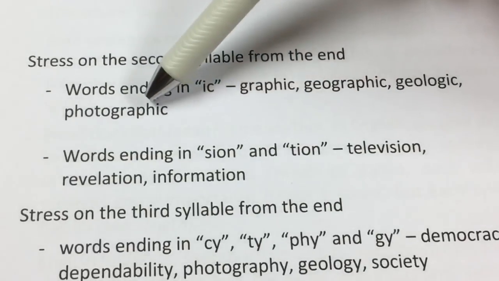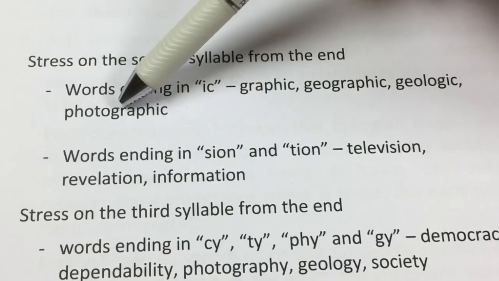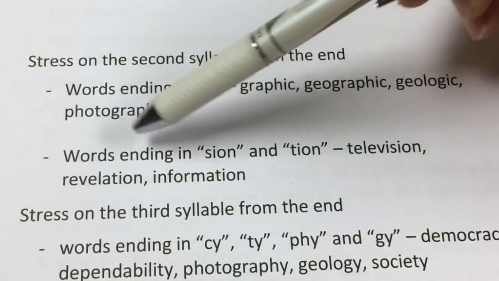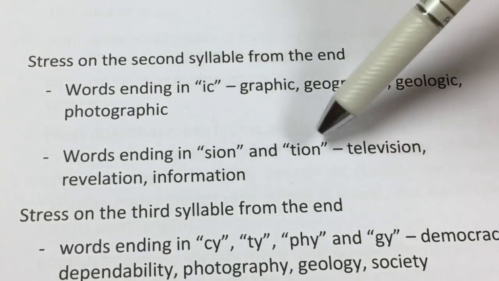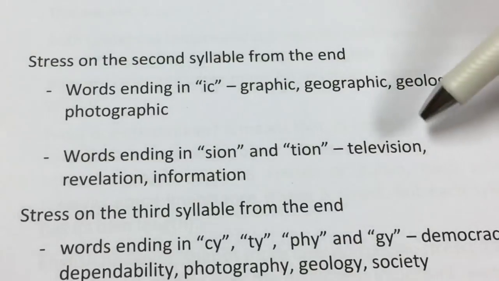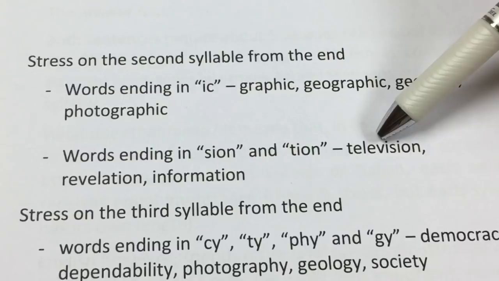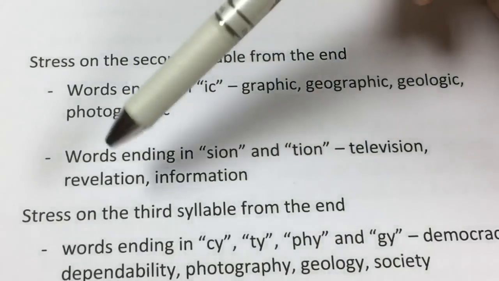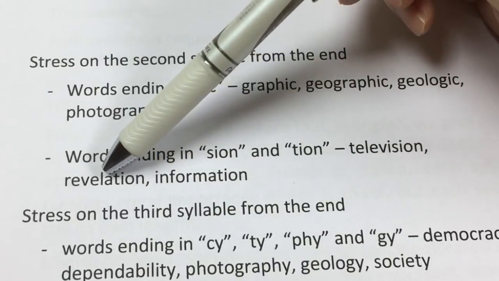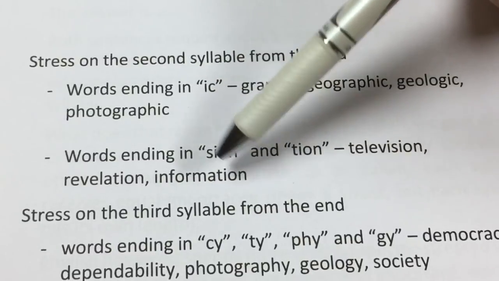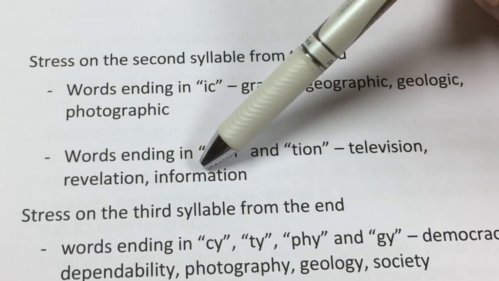How about this one, 1, 2, photographic. And also the words ending with SION and TION, you count from the end, 1, 2: television, 1, 2: revelation, 1, 2: information.